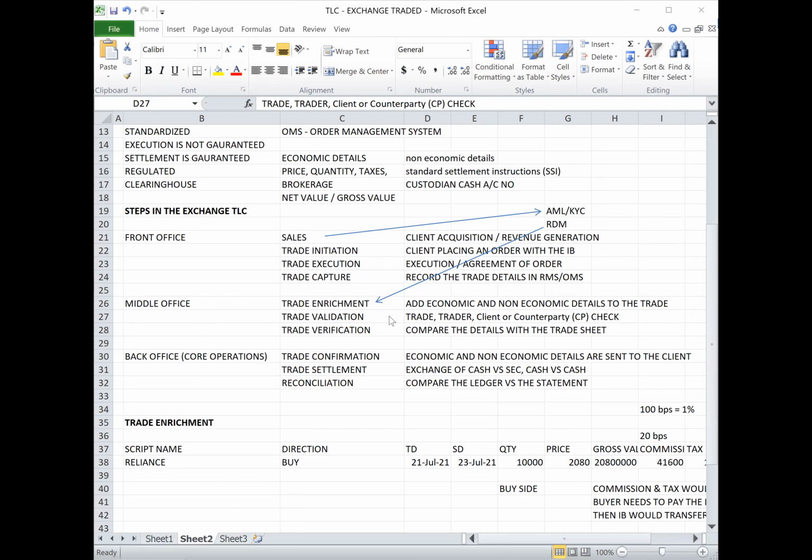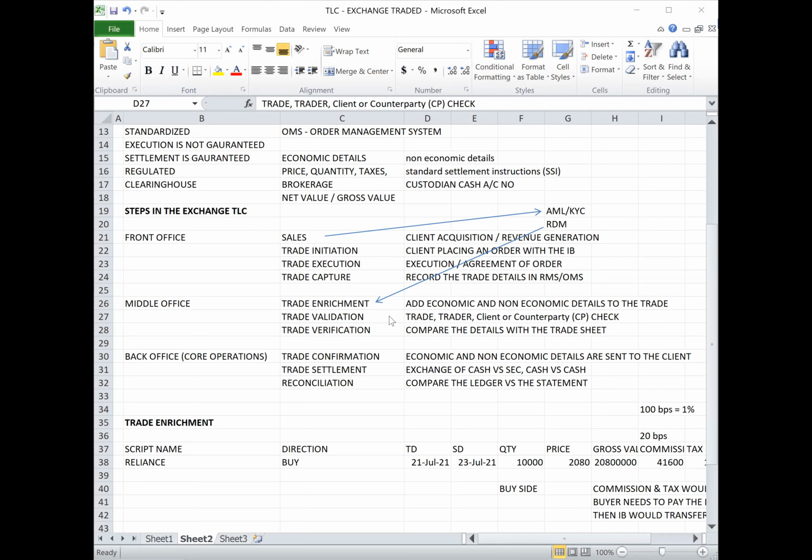You also check whether the client is allowed to buy those shares or not. For example, there are certain restrictions in terms of media stocks. You cannot buy too much of media stocks. You cannot control the media. So you will check whether Vanguard, whether FIIs, are allowed to buy this much stake in a particular company, or whether they are allowed to buy this product.